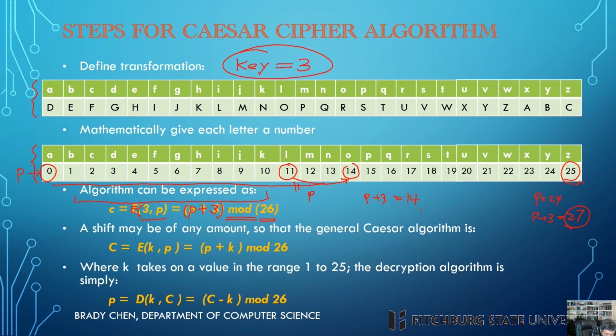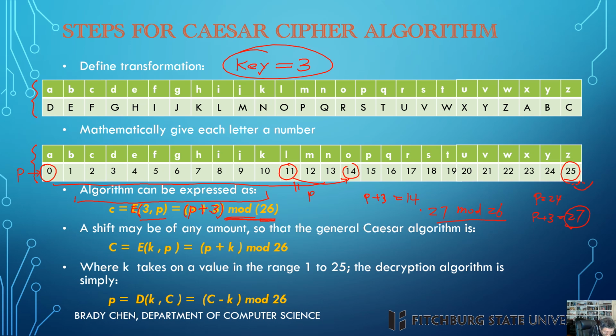However, because the table is built in a circular way, we can use the modular operation: divide 27 by 26, and we get the quotient 1 and the remainder.